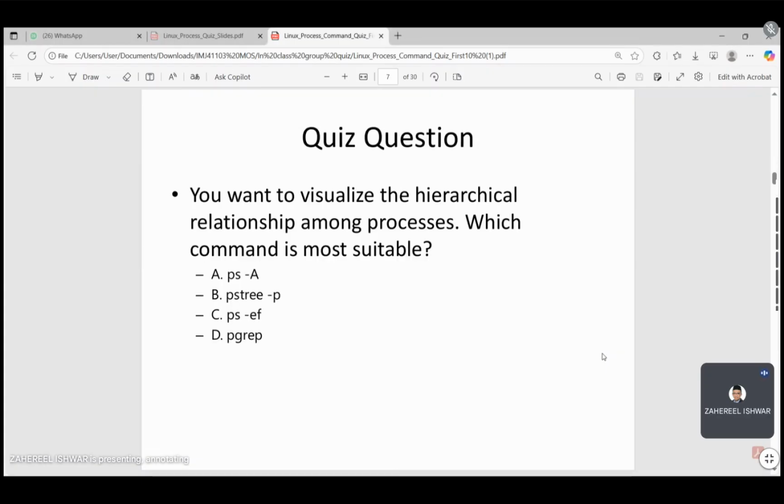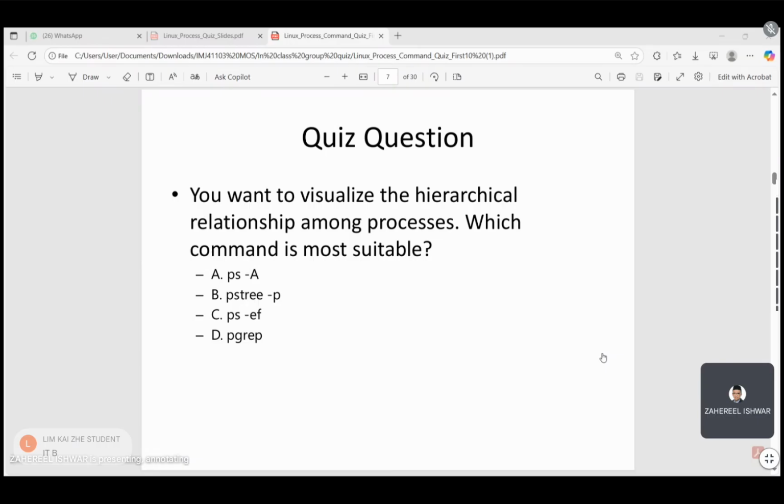Okay, quiz question again. You want to visualize the hierarchical relationship among processes. Which command is more suitable? You guys know the answer, right? What's the answer? The answer is 1, 2, 3, 4. Yeah, it's ps forest.